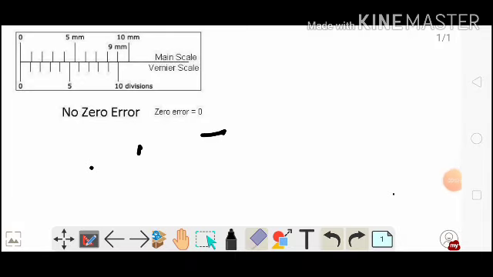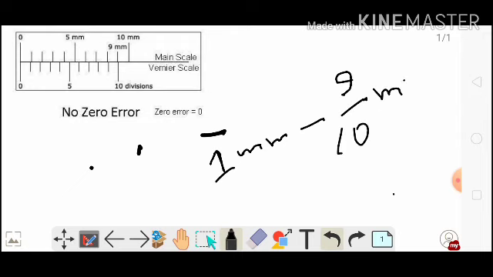So the difference between one vernier division and one main scale division: one main scale division, the minimum division, is 1 mm, and we just found that one vernier scale division is equal to 9 by 10 mm. So the difference is 1 minus 9 by 10 mm, that is equal to 1 by 10 mm.